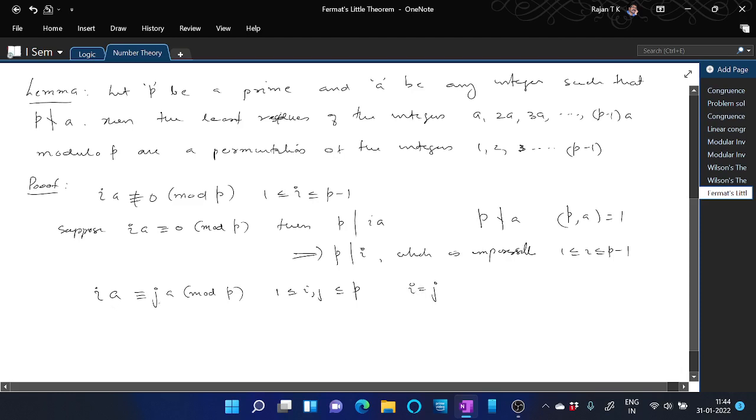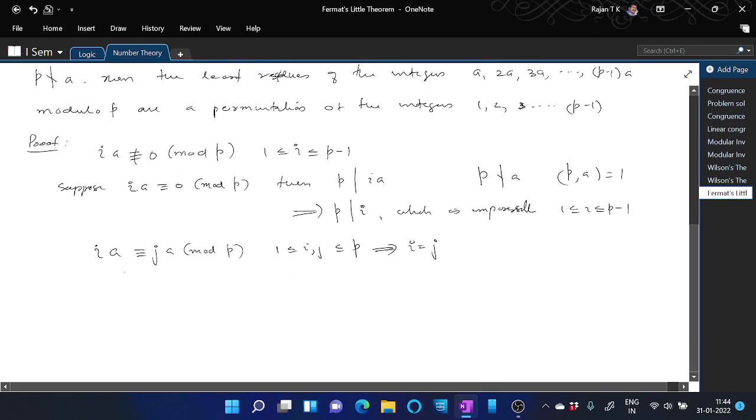If ia is congruent to ja, that is, some multiple of a is congruent to another multiple, where i, j are such that 1 less than or equal to i, j less than or equal to p minus 1, then i is equal to j.